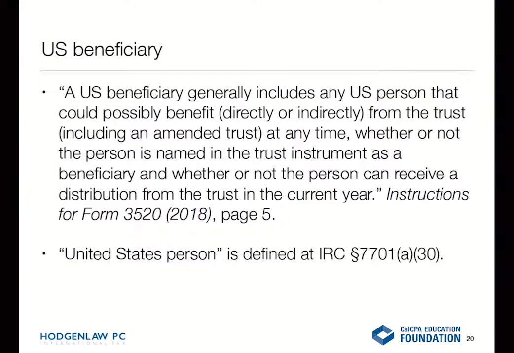So this could be somewhat broad. Like I said, it doesn't have to be a person named in the trust instrument. So you really have to look at all the documents, the trust instrument and related documents, to see whether the person you're dealing with could be a U.S. beneficiary of the trust.